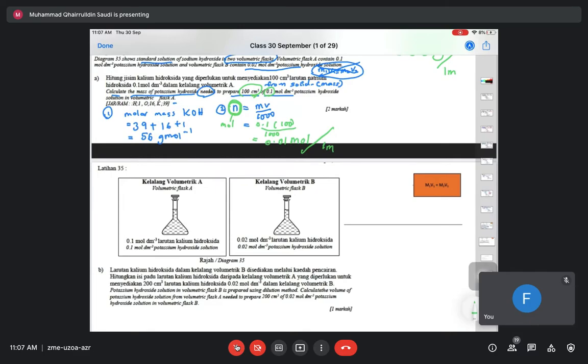Saya buat kelas depan sikit. Bolehlah pindah teruslah. Masuk dalam bilik je.